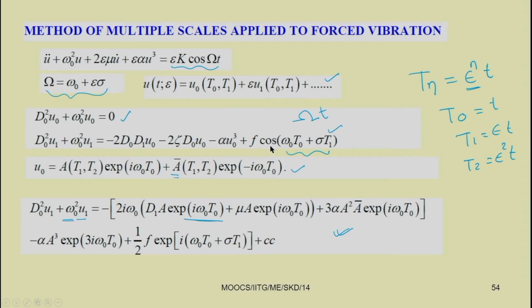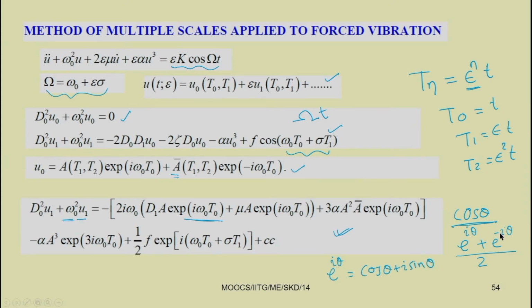This cos term you can write in this way: you are familiar with this, cos theta equals e to the power i theta plus e to the power minus i theta, divided by 2, because e to the power i theta equals cos theta plus i sin theta.